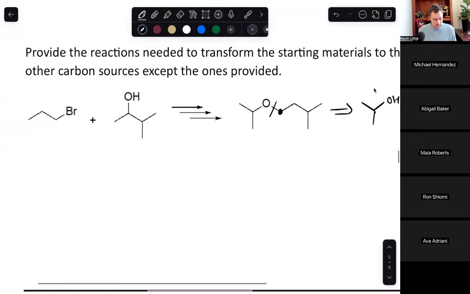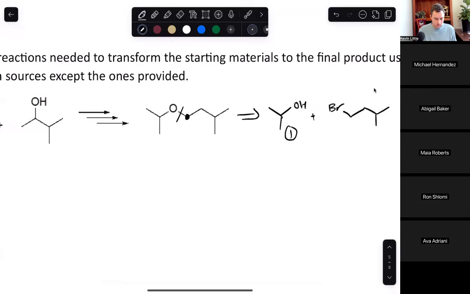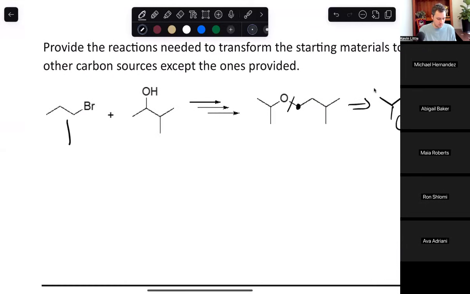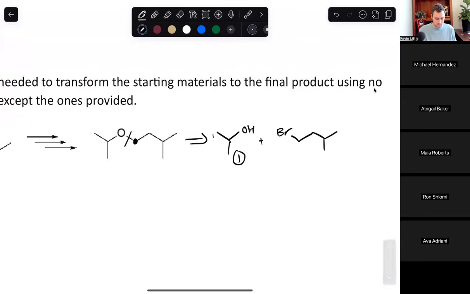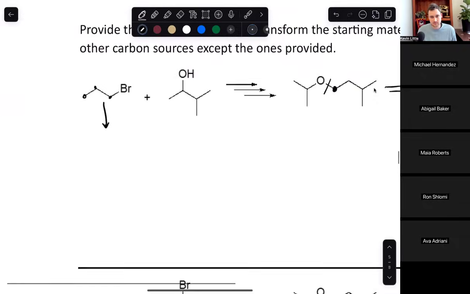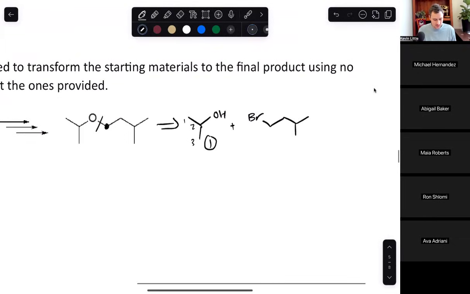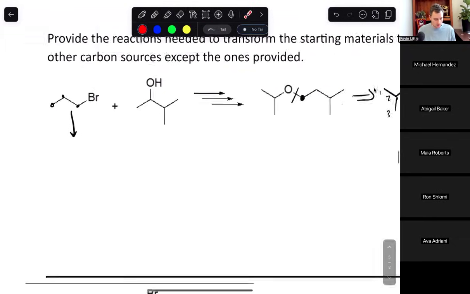So clearly, if I want to make one, it's going to have to start from this starting material, because this is a starting material that has 3 carbons on it. The other one has more carbons, so it cannot be the starting material for that. So I need to get an OH on the middle carbon.